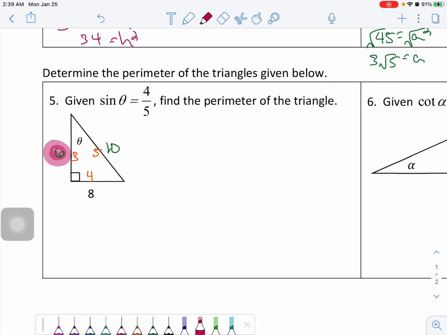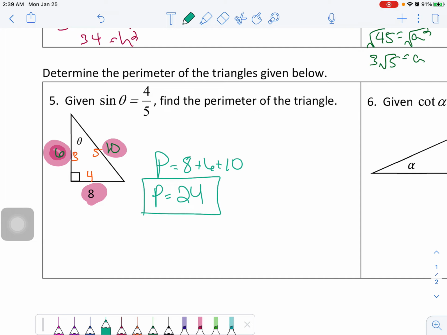Now, when I'm finding the perimeter, I'm going to add up these exterior sides and get my perimeter that way. So perimeter, I'm just going to use P is equal to 8 plus 6 plus 10. And I don't know units on this one either. If you did, of course, we would want to use them. So perimeter is going to equal 24 here.